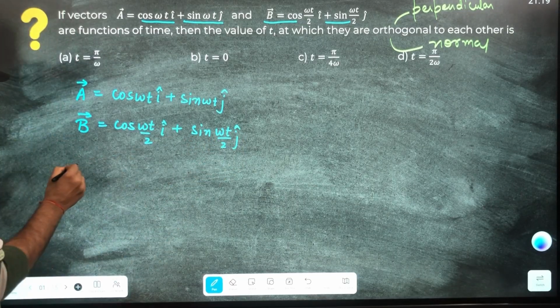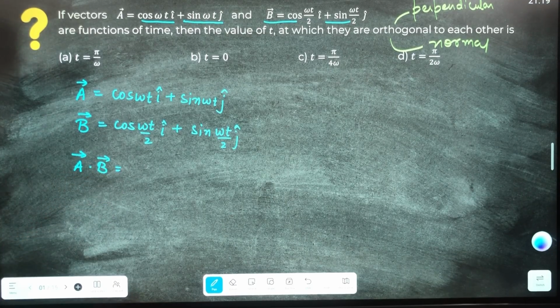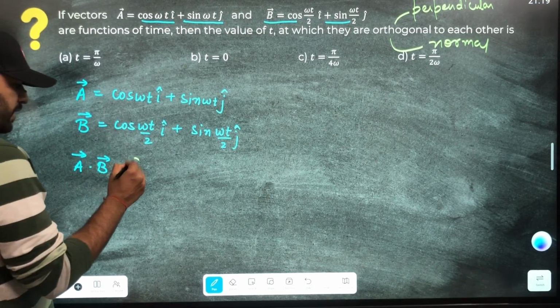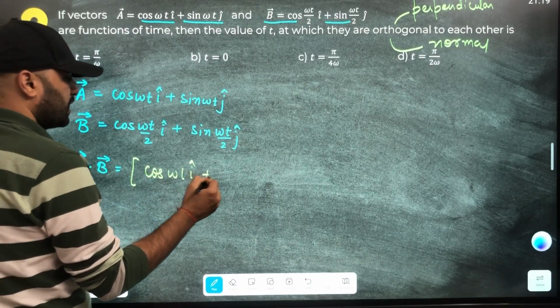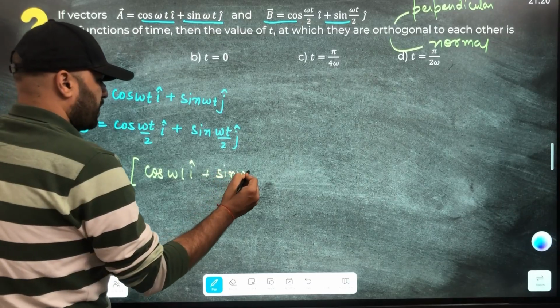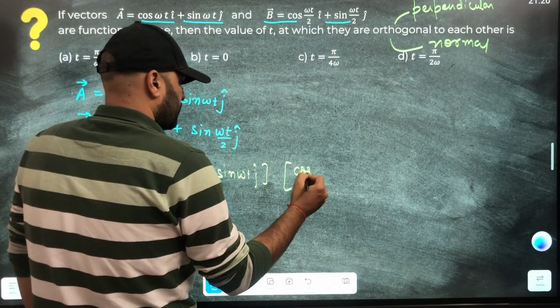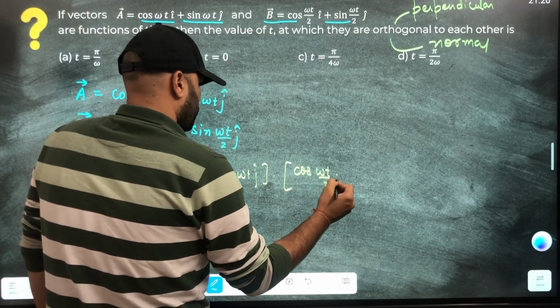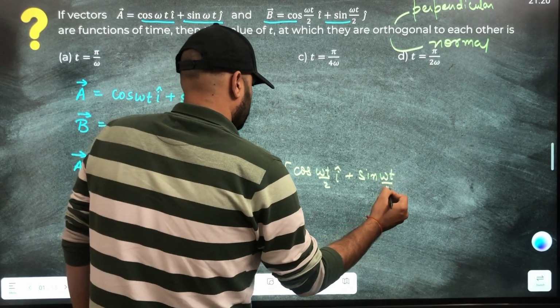Now A dot B here must be equal to 0, correct? If A dot B is 0, let's substitute it over here: cos ωt i cap plus sin ωt j cap, dot product with cos ωt/2 i cap plus sin ωt/2 j cap.